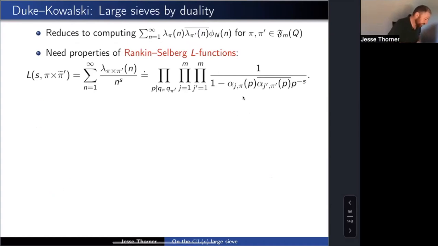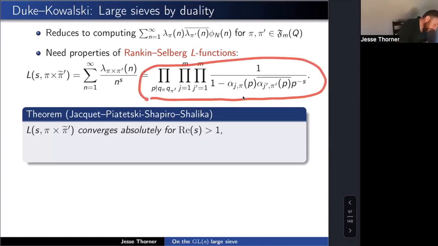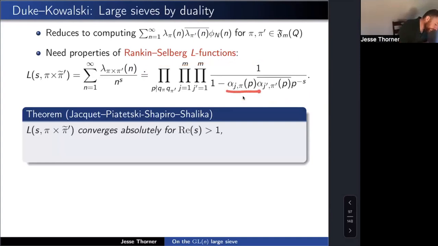And in order to compute sums of this sort, I need to understand properties of Rankin-Selberg L-functions. These are built as Euler products arising from the parameters at p for pi and the parameters at p for pi prime. These Rankin-Selberg L-functions are absolutely convergent for real part of s bigger than 1.